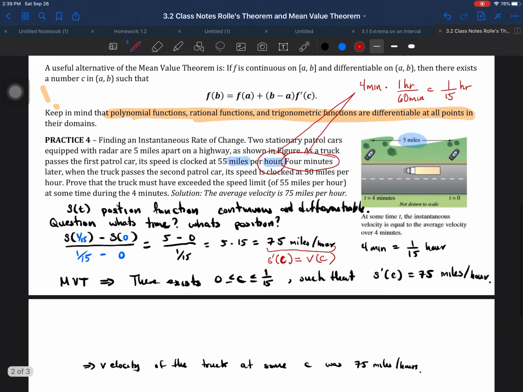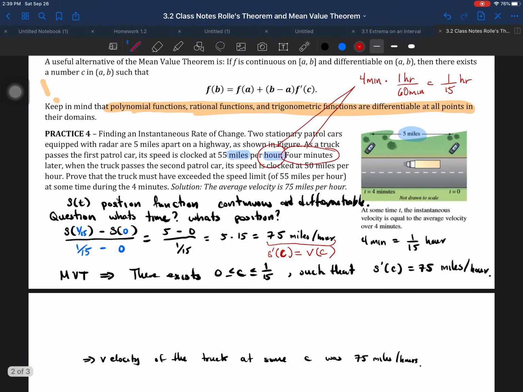So you can go to court, and assuming that the truck didn't jump into a spaceship and go into space, we can say that the truck went over the speed limit. Without doubt, the truck was speeding. At some point it was going 75 miles per hour.